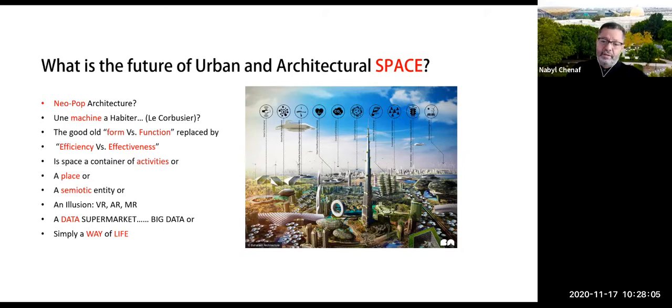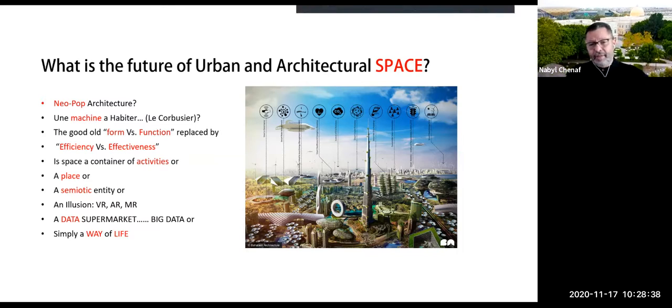Whether the city is a container or a space, a semiotic space, the Americans would call it semiotics, the science that studies signs. The French would call it semiology, because they think that de Saussure is the guy who created it. The others think that it's Peirce who created semiotics. But the whole idea is to relate signs to meaning, and that is something very interesting.